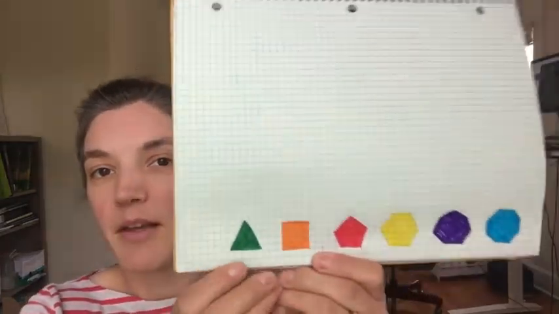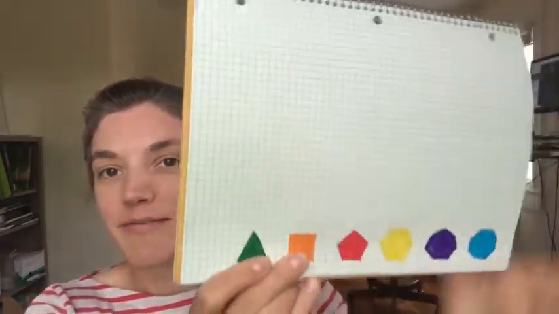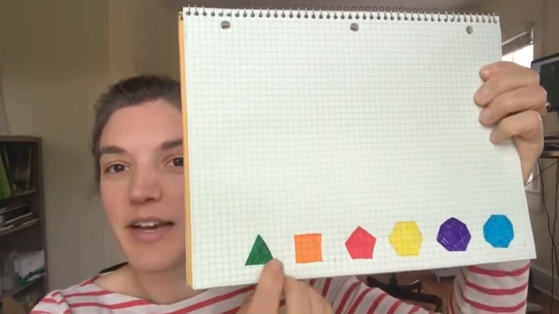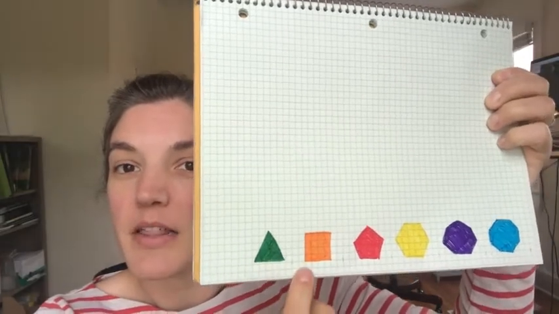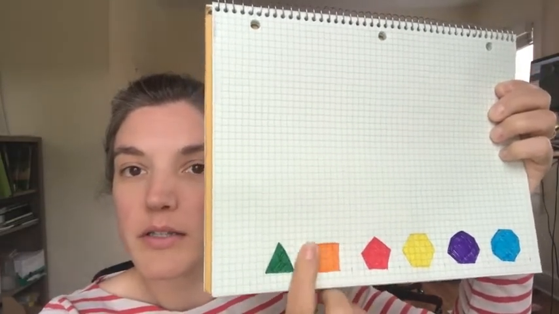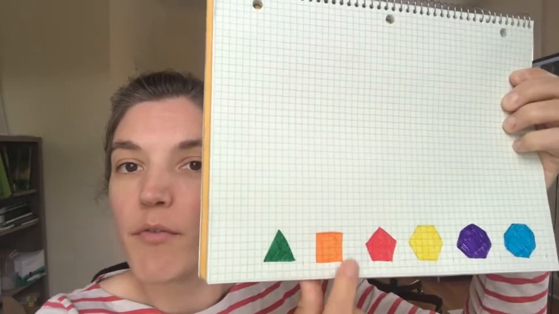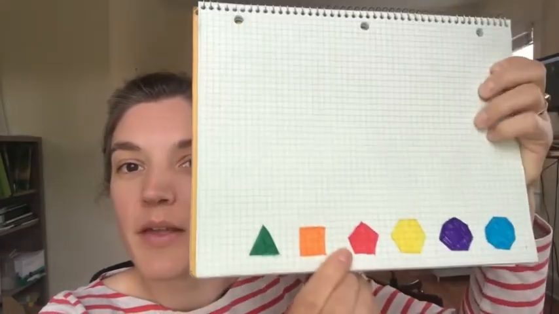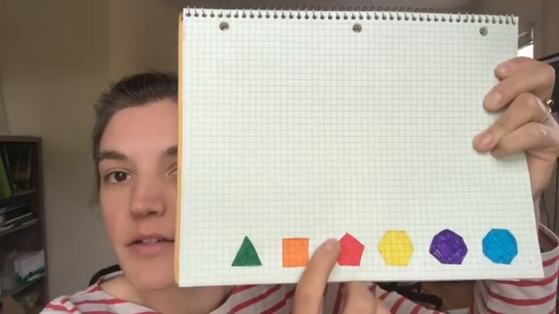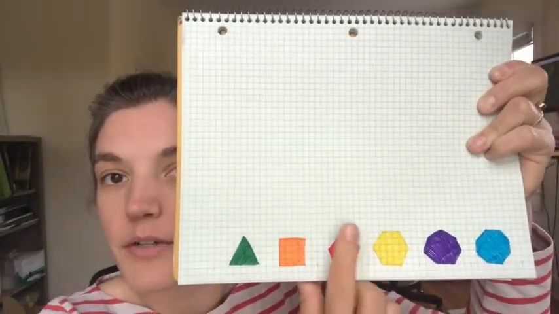All of the patterns that we're going to be talking about from here on out are patterns with shapes. So let's make sure we all agree on the names of the shapes. This one has 3 sides and 3 corners. This is the triangle. This one has 4 sides of equal length and 4 corners. This is the square. This one has 5 sides and 5 corners.